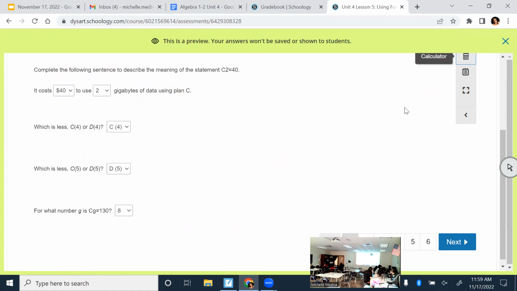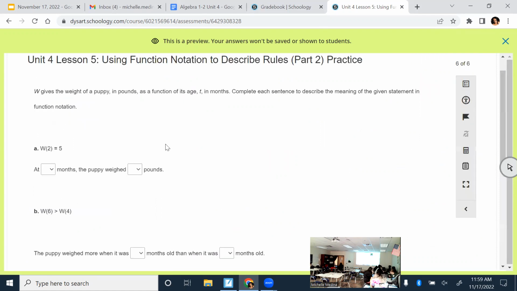On this practice? Okay. So then W gives the weight of a puppy in pounds as a function of its age T in months. Complete each sentence to describe the meaning of the given statement in function notation. So W is the name of the function.